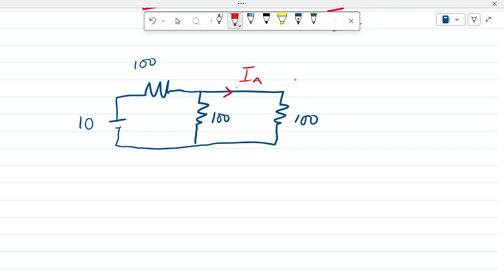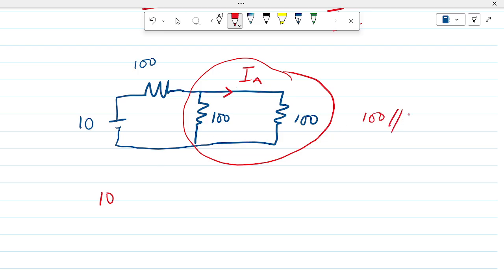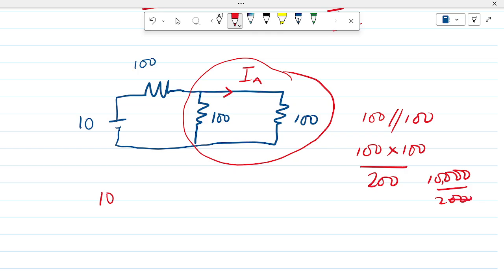One approach is to combine these two because they are in parallel. That's 100 parallel 100, product over sum: 100 times 100 over the sum, which is 200. That's 10,000 over 200, and that gives me 50.